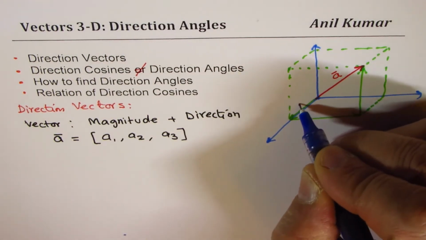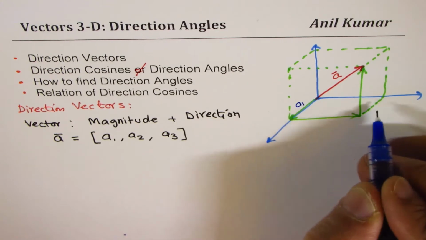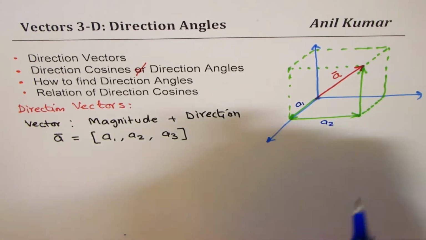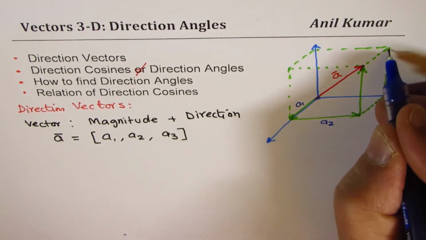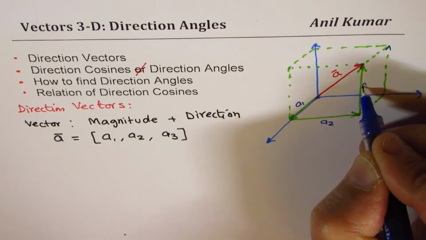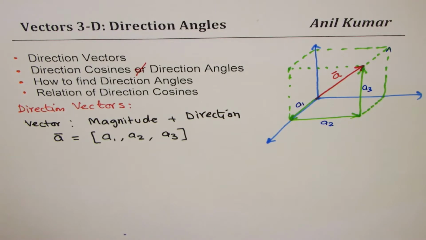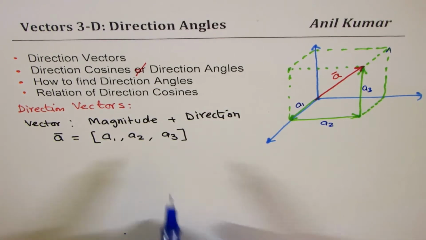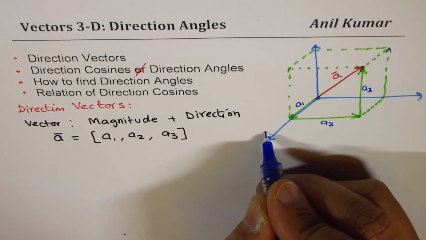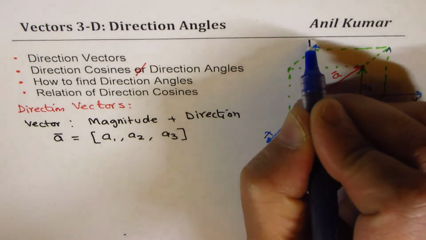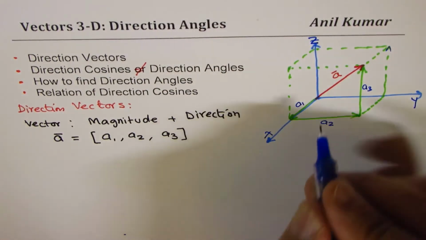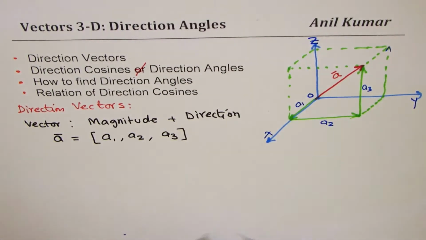A1 is this much distance, that is A2, okay? And this here, which is also equal to that, is A3, the z component. These are your components. These are scalar quantities. That is how we represent a vector in R3. This becomes our x-axis, this is y, and this is z. Perfect. That's the origin. So that is what a vector is.